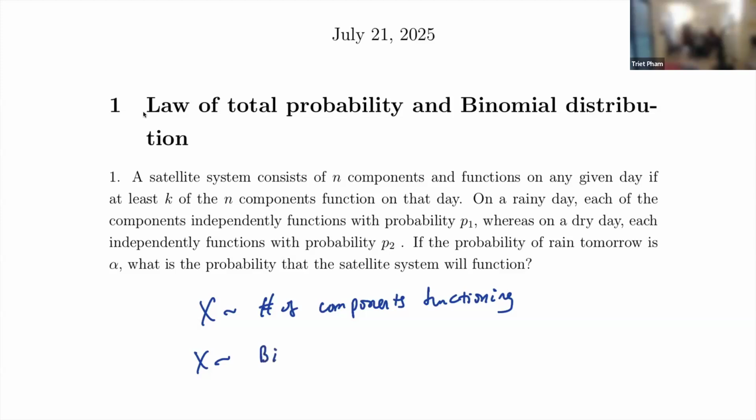So that looks like a binomial with n and P1, right? If it rains.